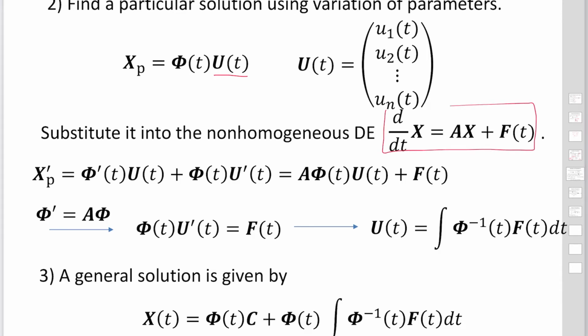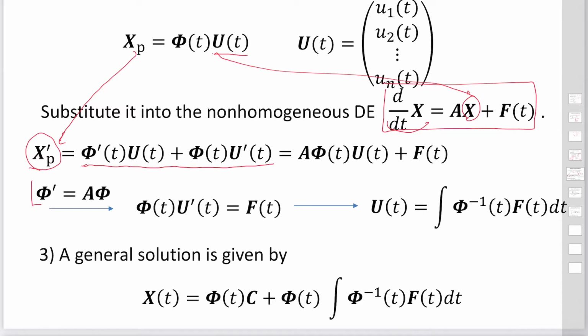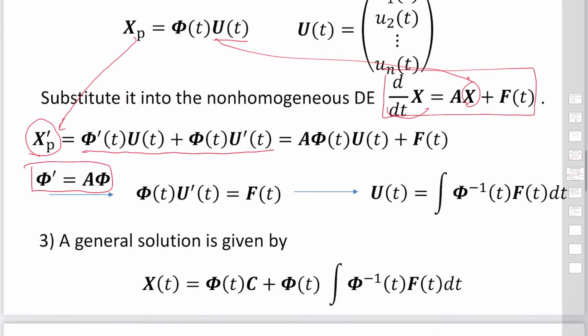The left-hand side is x sub p prime. We substitute this expression to find the derivative, using the product rule: phi prime u plus phi u prime equals, substituting this x into the right-hand side, A phi u plus f.